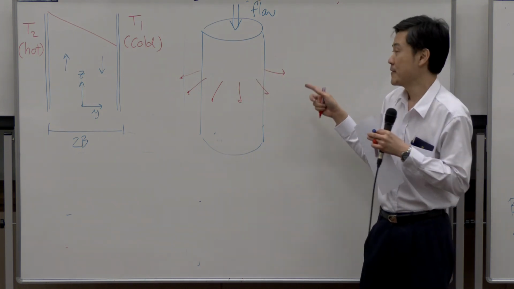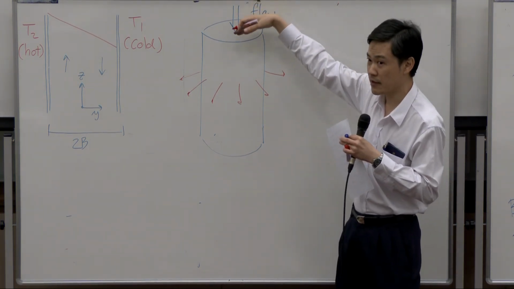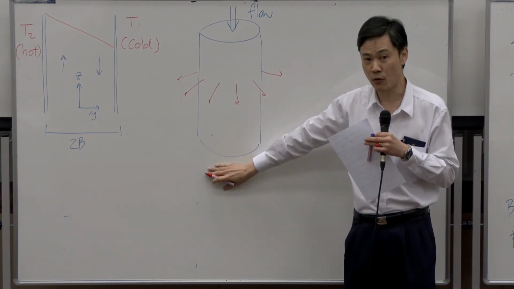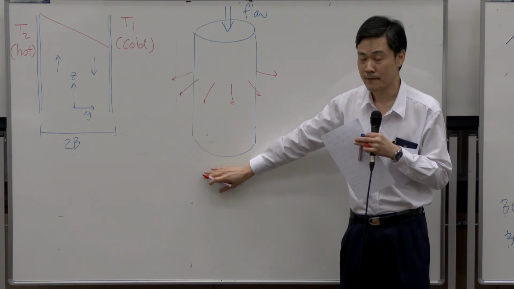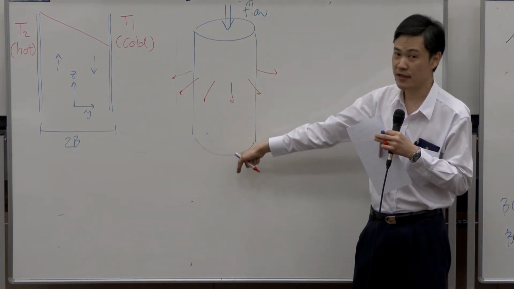At the same time, if you have hot water going in, you can imagine down here, the temperature of water is supposed to be lower. So there will be energy transport in the z direction as well.